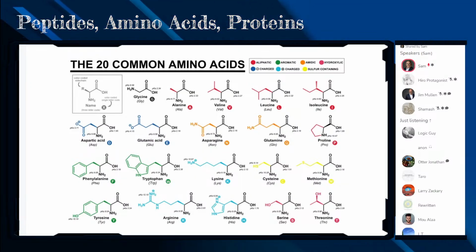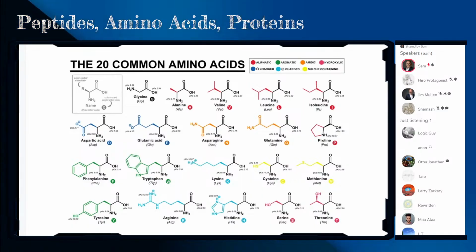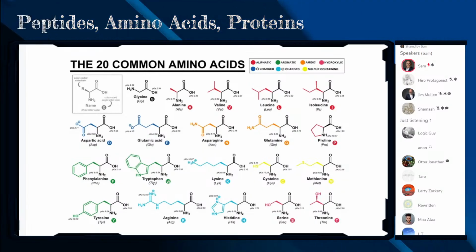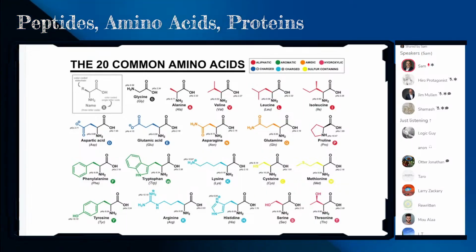The color is based on the functionality or the grouping of the amino acids. You see their names are in bold, but in naming them, we either use a 3-letter code or a 1-letter code. So for alanine, the 3-letter code is ALA, and the 1-letter code is A. Valine is Val, and V, all the way down.